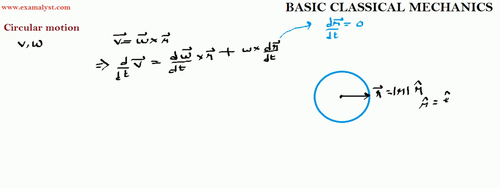When the object starts moving along this circle, and the radius vector reaches this position, here also we have a radius vector. No doubt the magnitude of the radius is the same, but this r vector is actually pointing towards the north. So you see, even though the magnitude is constant with time, the direction of r vector is not constant with time.